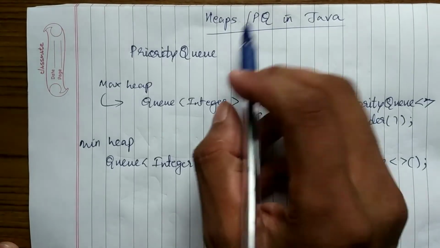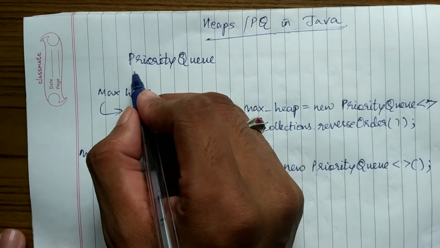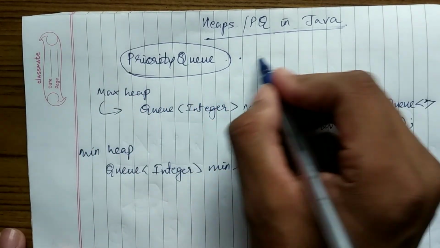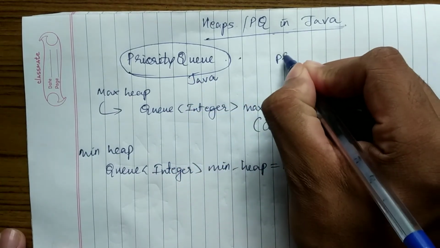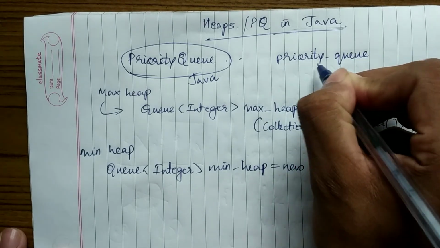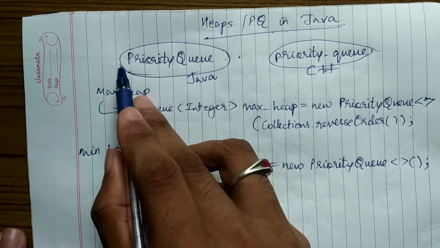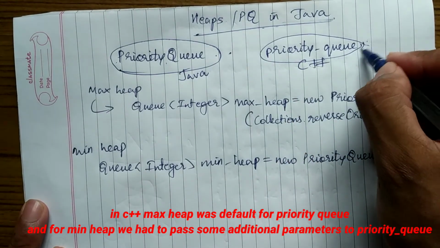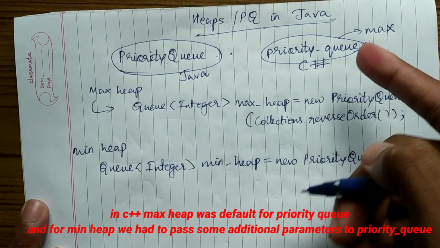The procedure for the heaps and priority queue in Java is similar to C++. In Java, PriorityQueue is the inbuilt container, same as C++. But in C++ it was defined as priority_queue. This is in C++. But for Java, PriorityQueue, these both are capital. So in C++, the default was max heap when we defined priority queue, and we had to pass some additional features, right?